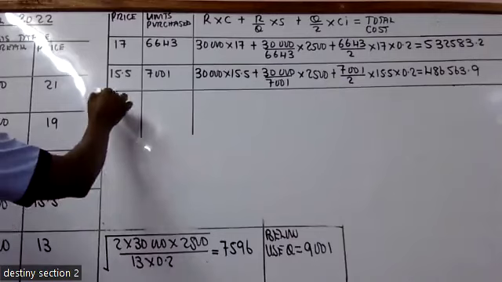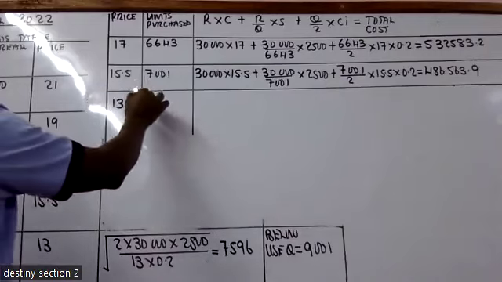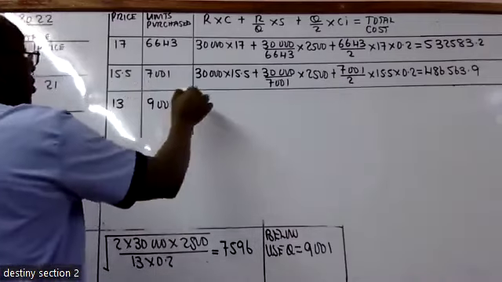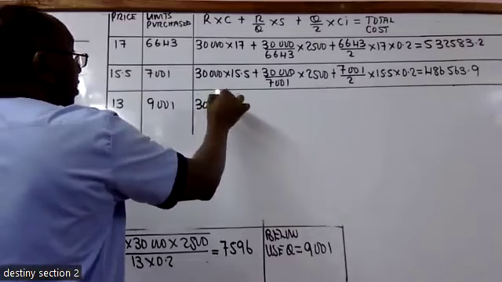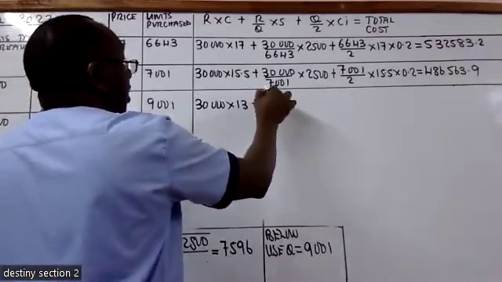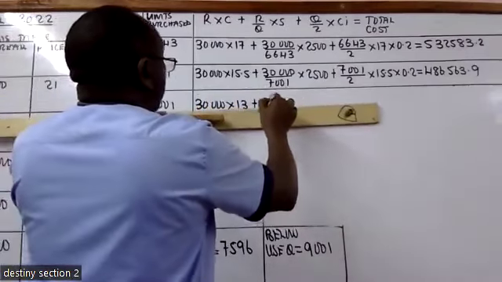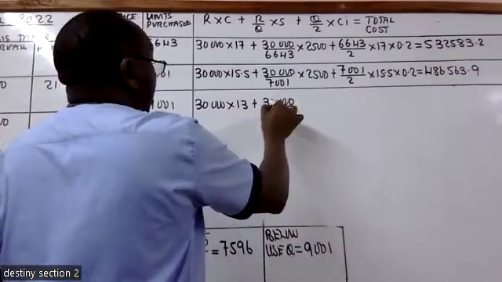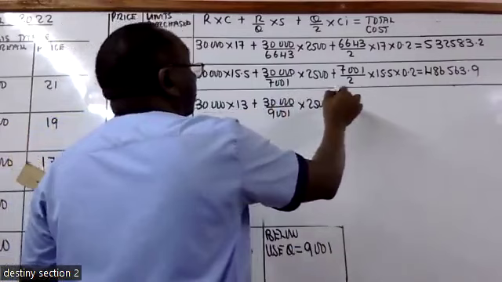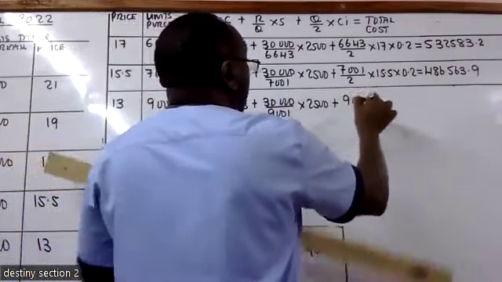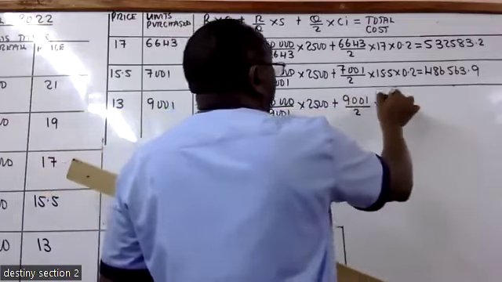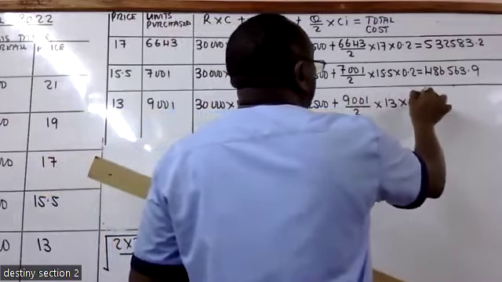The next one is at 13, where we have recommended a purchase of 9,001. So this will be 30,000 multiplied by 13 plus 30,000 divided by 9,001 multiplied by 2,500, plus 9,001 divided by 2 multiplied by 13 multiplied by 0.2.